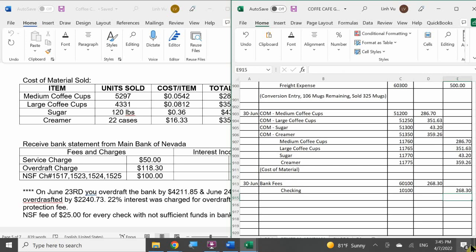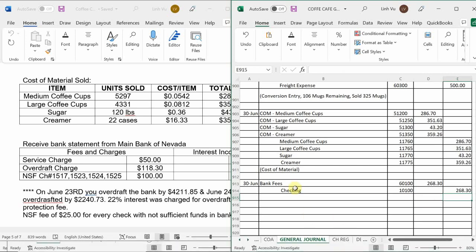Okay, so what should your description be here? Main Bank of Nevada. What else?